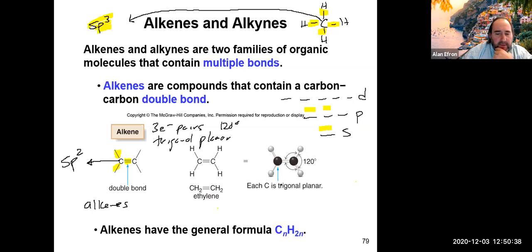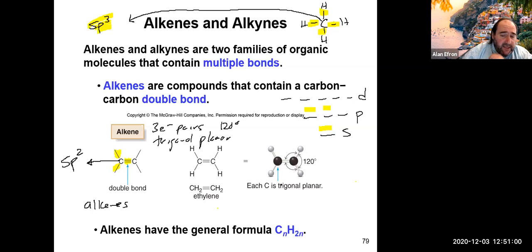As we talked about earlier, alkenes have a CnH2n formula. And again, it's missing two hydrogens from the alkanes because it has made that extra bond. So it needs to lose those two hydrogens so it doesn't have too many bonds.